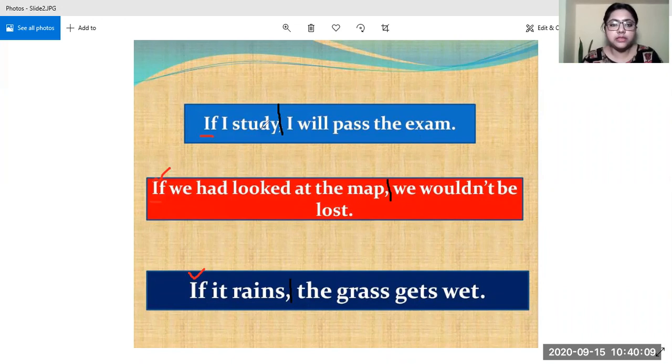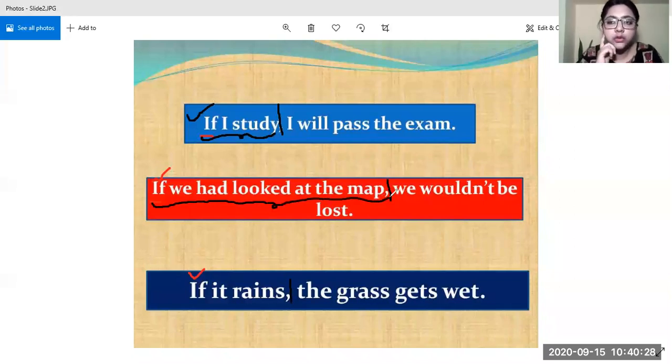Now, in all these sentences which begin with if, the first part is providing the condition. In the second sentence, if we had looked at the map is also the condition, and in the third sentence, if it rains again is a condition. The next part of the sentence gives us the result.